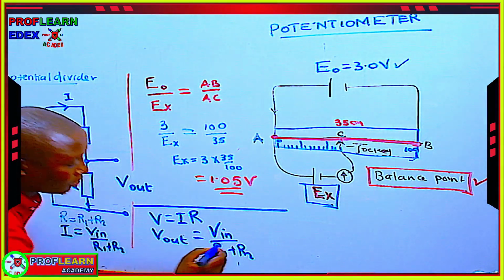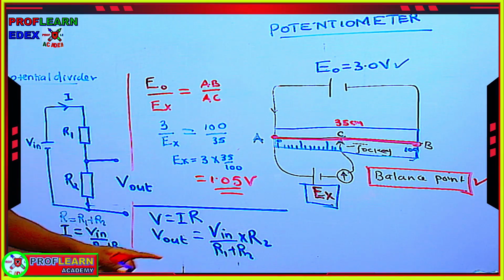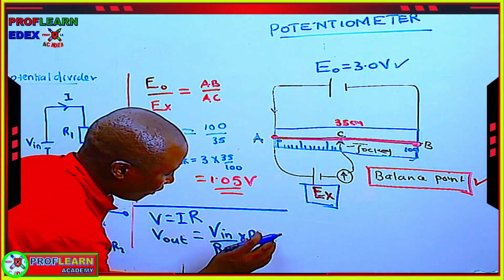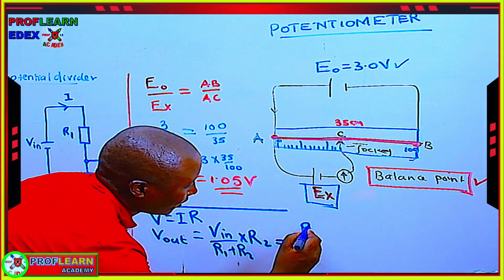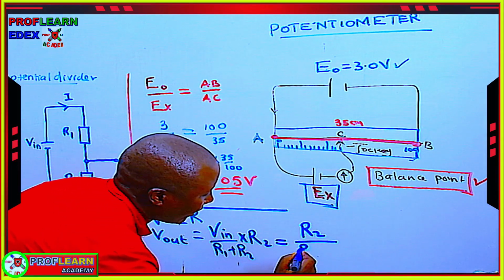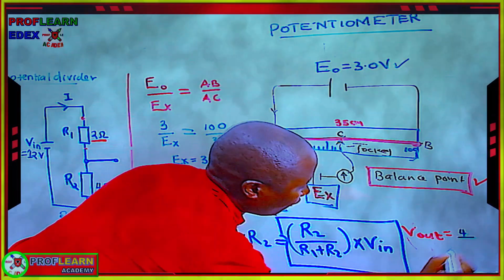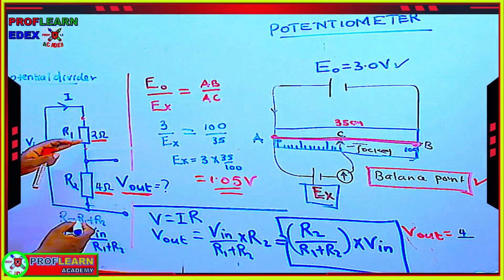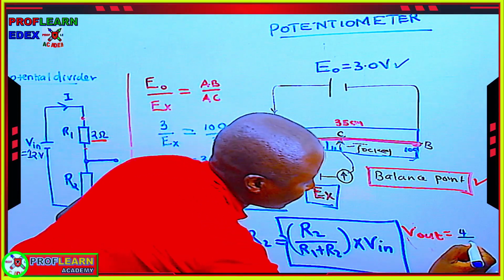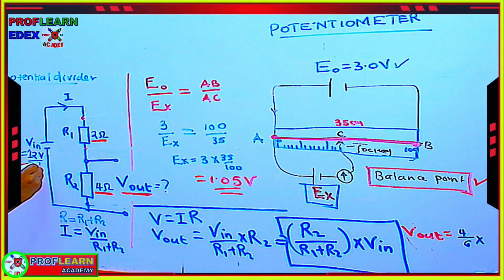Now that becomes what? Times R2. So that's why this formula becomes R2 over R1 plus R2 times V in, which is 4 over R1 plus R2, equivalent to 2 plus 4, that's 6, times V in, which is given as 12 volts.